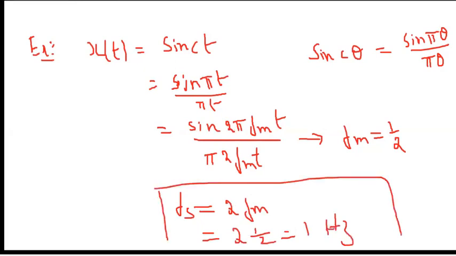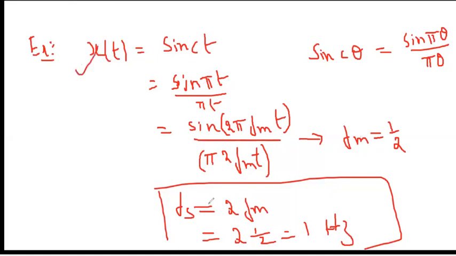For the sampling frequency of the sinc function, sinc theta is sine pi theta by pi theta, and it is sine pi t by pi t. You can write the function as sine 2 pi Fm t by pi into 2 Fm t. That frequency component is Fm, and with sine pi and pi you get the same function, so Fm is equal to 1 by 2.